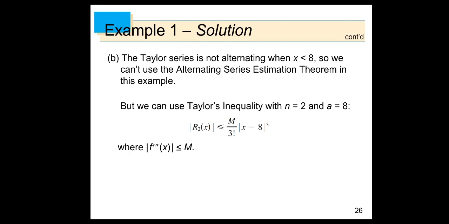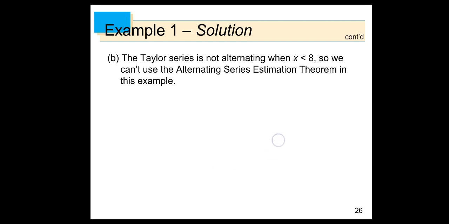The situation is that the value of n is 2 and the value of a is equal to 8. Now we plug in the values, and we write R2(x) less than or equal to M over 3 factorial multiplied by |x minus 8| to the power 3.